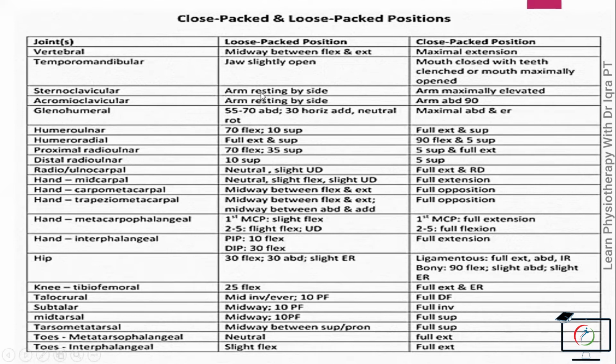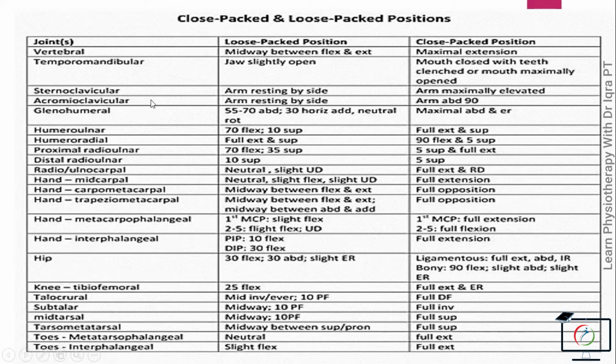In the temporomandibular joint, when you open your jaw slightly, it is a loose back position, and mouth closed with teeth clenched or mouth maximally opened are the closed back position. In the sternoclavicular joint, arm resting by side is the loose back position, and the arm maximally elevated is the closed back position.